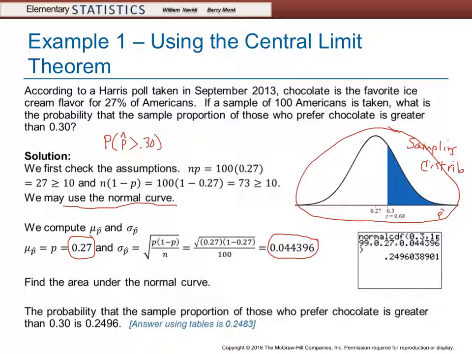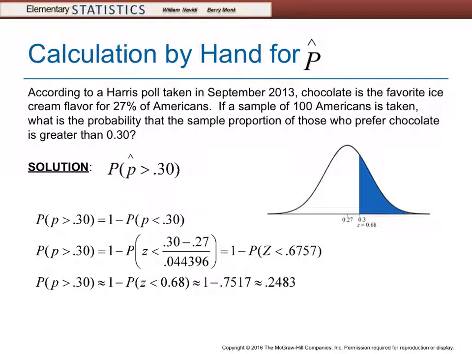We'll now do the same calculations, but now we're going to do them by hand. So here we have the same problem. We have our probability statement like we did last time, and now we're going to do it by hand.